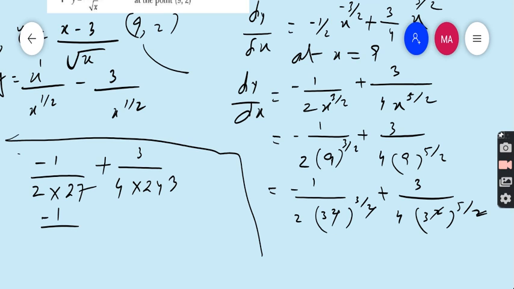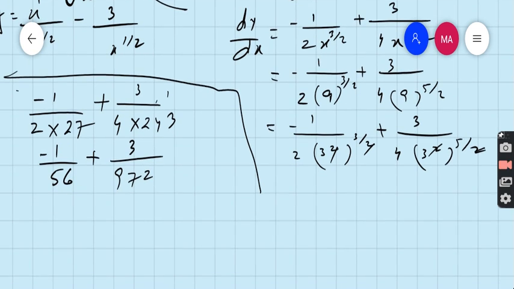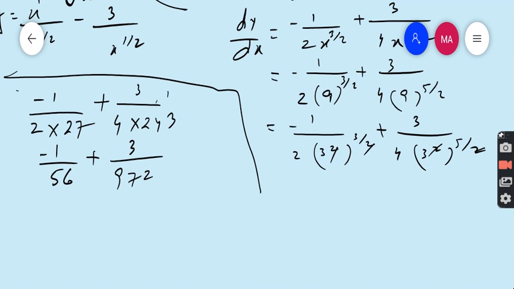So minus 1 upon 27 to the 56, plus 3 upon 4 into 243. 3 upon 972 minus 1 upon 56. Use a scientific calculator to find that answer directly.